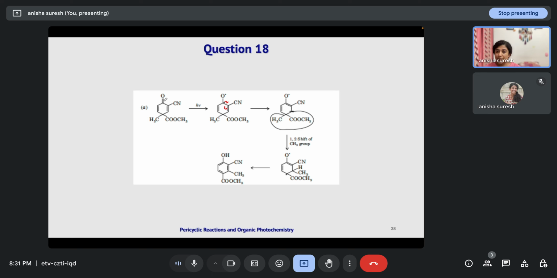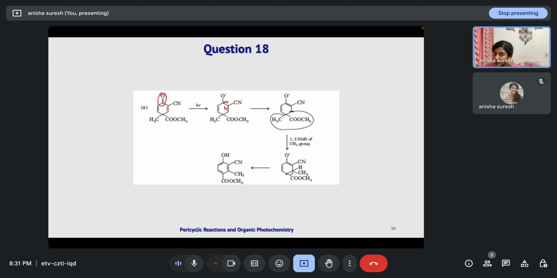First, under photochemical condition, this ketone will excite, leading to formation of this oxygen radical and this carbon radical. Now this double bond will shift, leading to formation of this enol radical. Now this is a secondary radical. Then a 1-3 shift of the methyl group will take place from this position to this position of the benzene, leading to formation of a tertiary radical which is stabilized by this ester functionality.